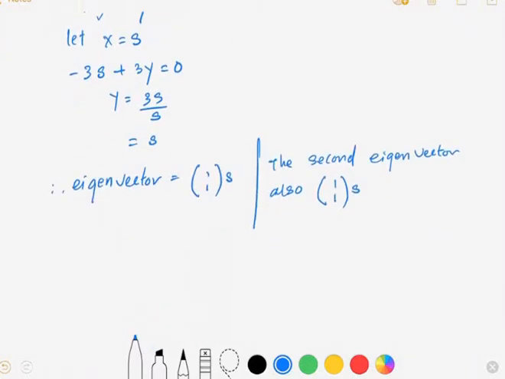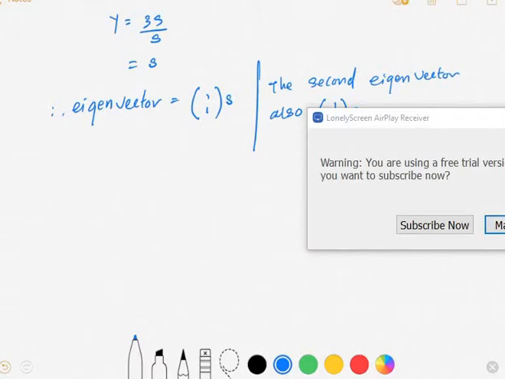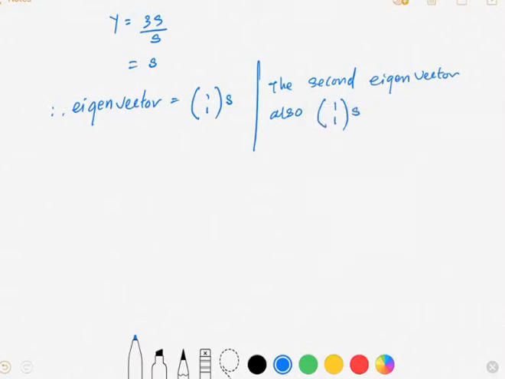Right, next, step 3 is to test whether it's linearly independent or not. Since you have 1 and 1, and 1 and 1, you write down the matrix 1, 1 and 1, 1.